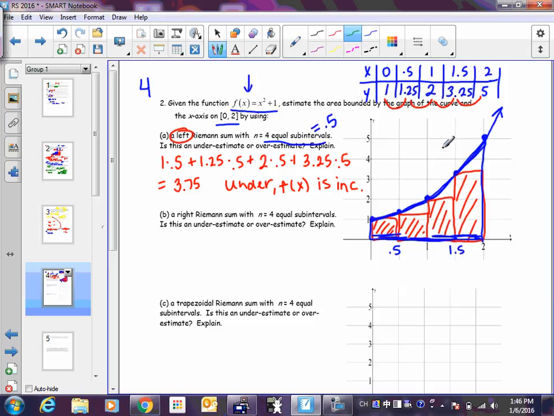You don't have to prove that f of x is increasing, but if we did, how would you show that you know that f of x is increasing? What do we do in December? What's positive? Velocity.